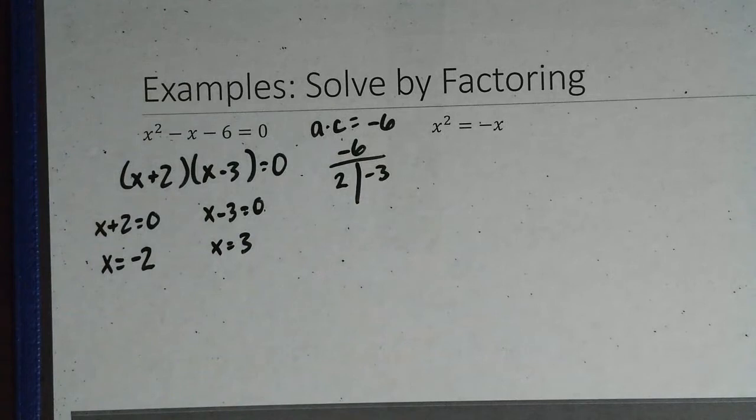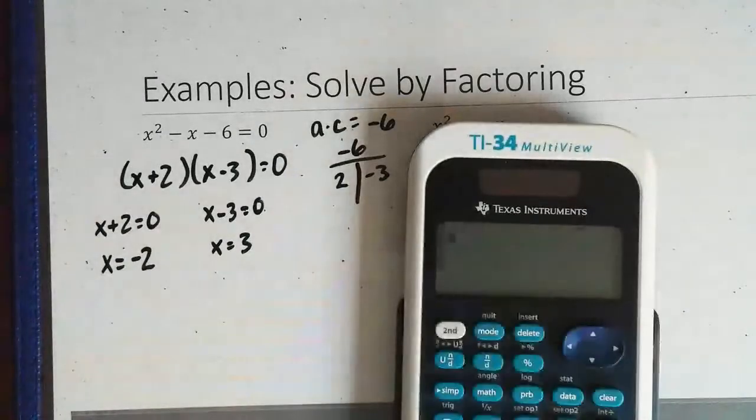Just like when we're solving equations in one variable, those linear equations, we can check our answers when we're solving quadratic equations as well by plugging our answer back into the original. We just have to remember that when we're plugging back in, we have to plug it in parentheses.